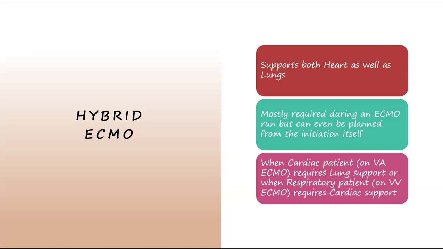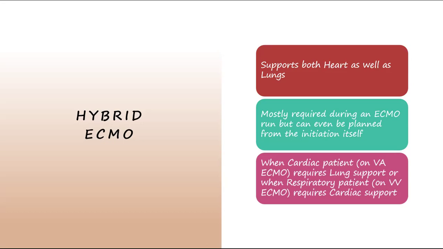One more important thing is you might have a doubt about how to start an ECMO. If I find a patient who has severe ARDS with viral myocarditis, do I go with a hybrid ECMO from the start, or go with a single-mode ECMO and then convert it to a hybrid ECMO at a later stage? It depends upon the patient and the clinical situation.